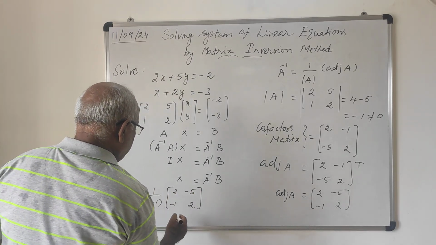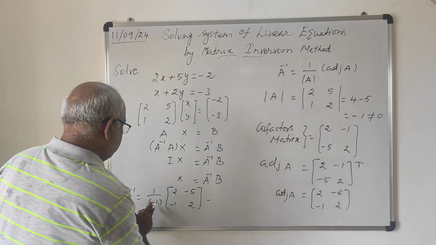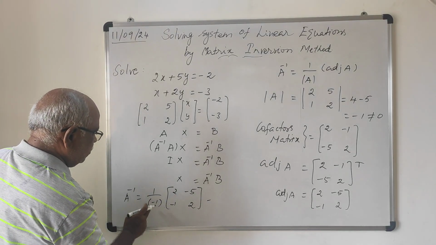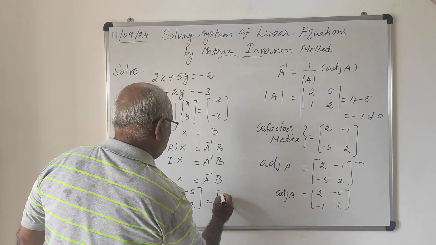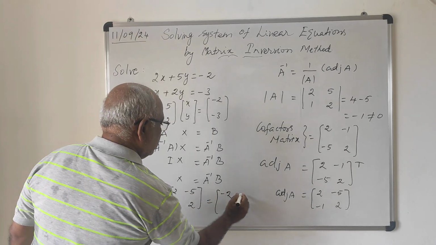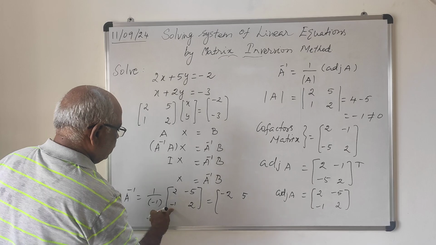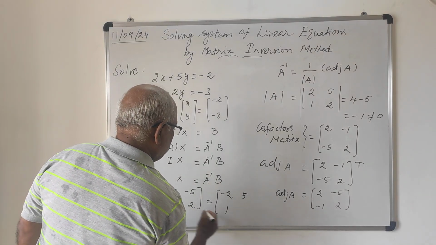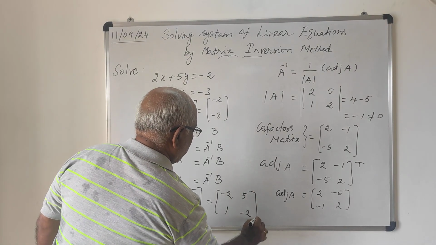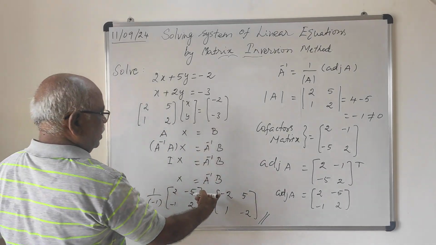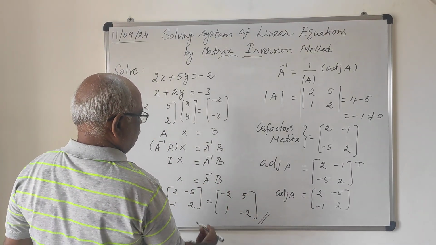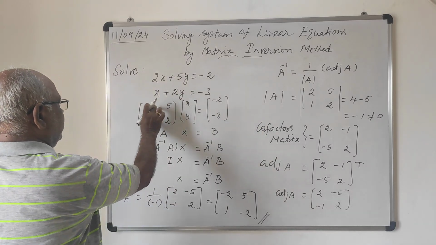Now you multiply with the minus inside: 1 by minus 1 is minus 1. Bringing it into the matrix, you will get minus 2, minus 5 into minus 1 is plus 5, minus 1 into minus 1 is plus 1, and 2 into minus 1 is minus 2. So A inverse of the given matrix is minus 2, 5, 1, minus 2.